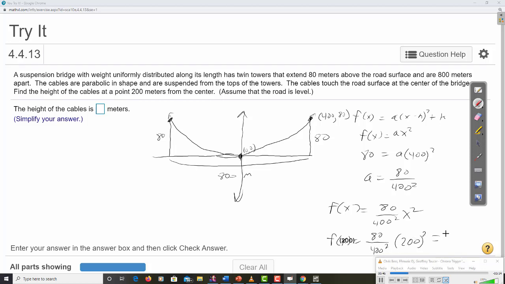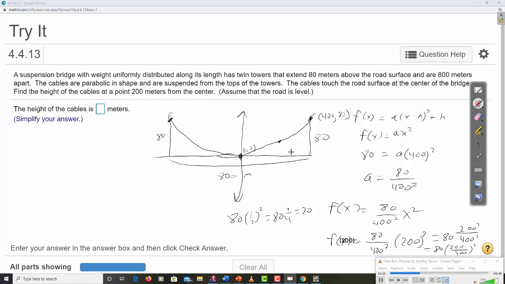Which I could plug into the calculator, but these are both squared, so I can do this trick. 200 squared over 400 squared is the same thing as 200 over 400 squared, times 80. 200 over 400 is 1/2, so it's 80 times 1/2 squared, which is 80 times 1/4, which is 20.